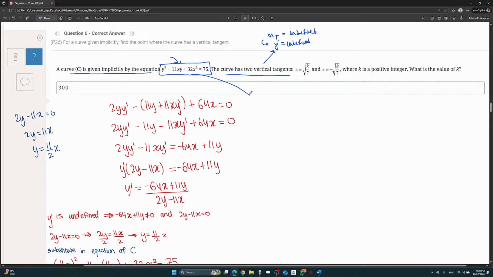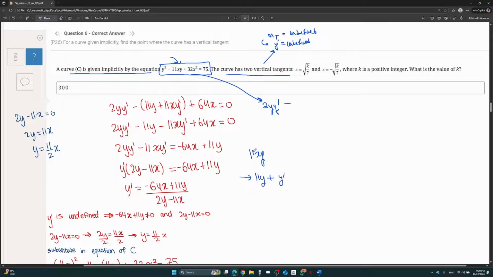How do we do it? Derive both sides. I think you guys get the hang of it now. What's the derivative of y squared? It's 2y y prime. Always, if it's not x, then you have to multiply by the derivative of what's inside. Minus. Now, 11xy, since it's product rule, we take it to the side and derive it on the side. Product rule: u prime v is 11 times y, plus v prime, what's the derivative of y?